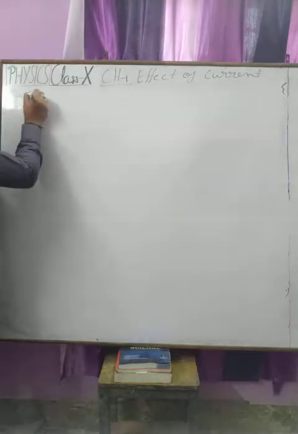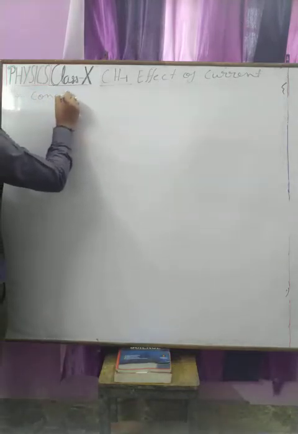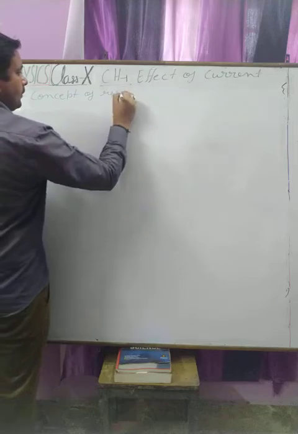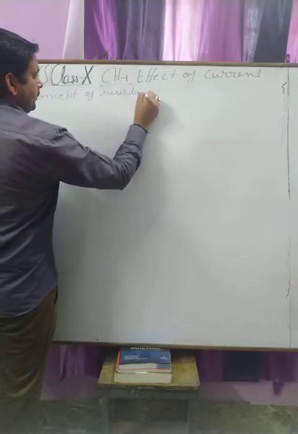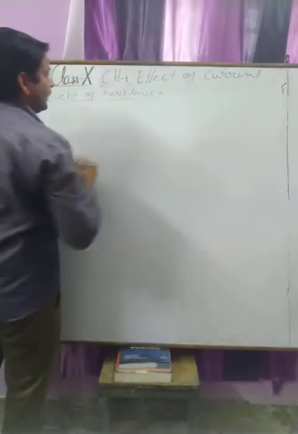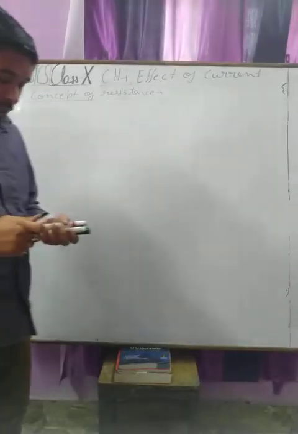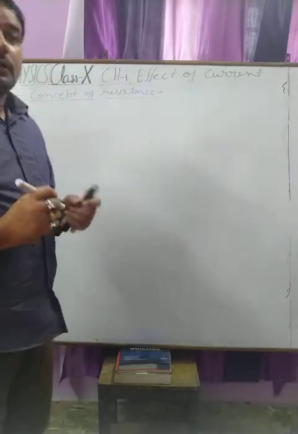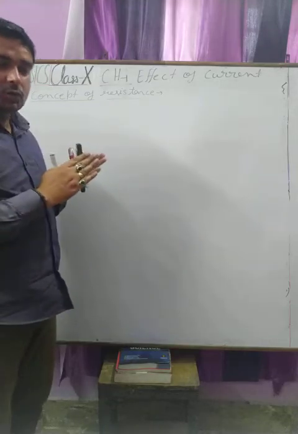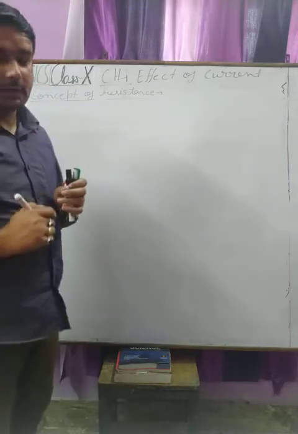So first we are going to discuss the concept of resistance. Student, we know that when current is flowing through a conductor, the electrons are moving from one end to the other end.